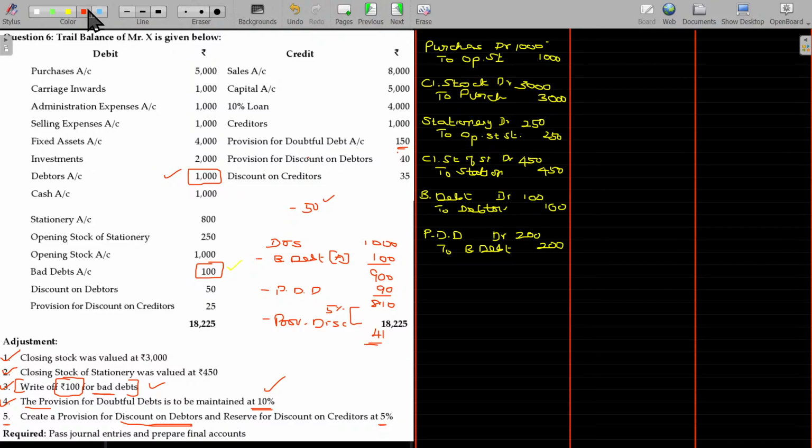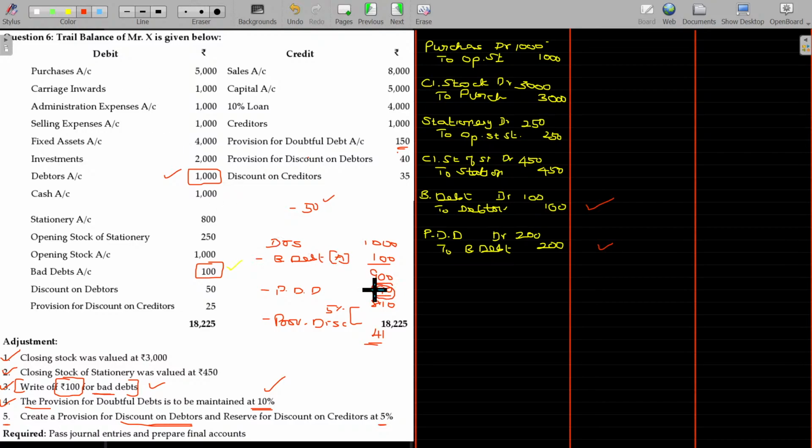Now I have passed the entry for bad debt given in the adjustment. The entry is nothing but bad debt account debit to debtors. And later, the bad debt should be routed through the PDD account. So PDD account debit to bad debt is over. And later, verify the amount required to be maintained in PDD. How much PDD we have to maintain for the next year? 90 rupees.